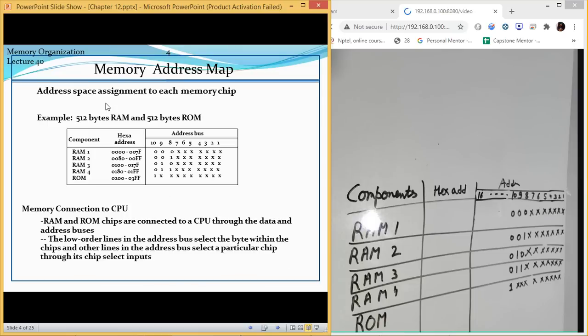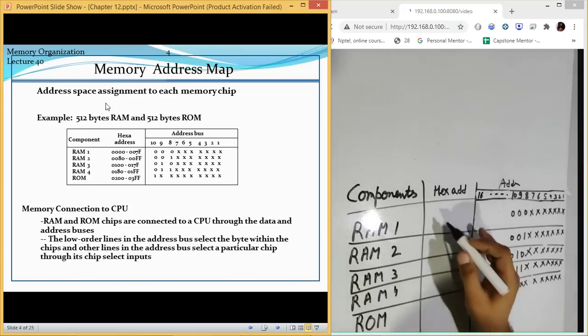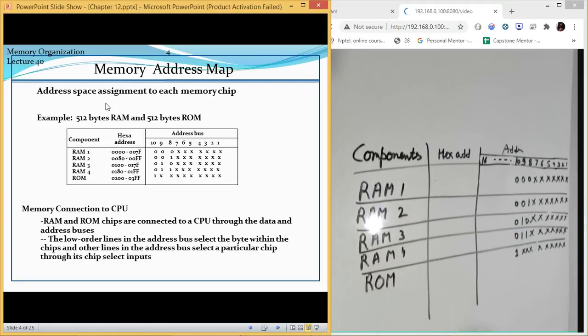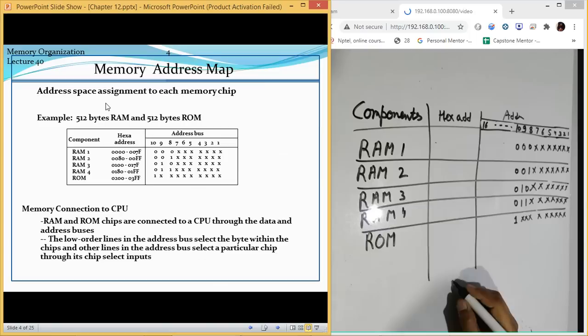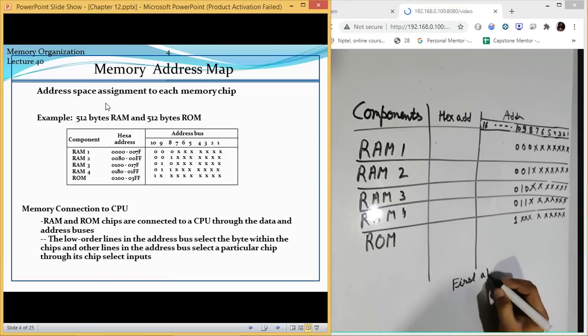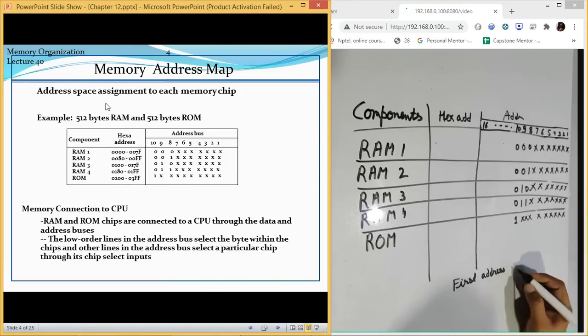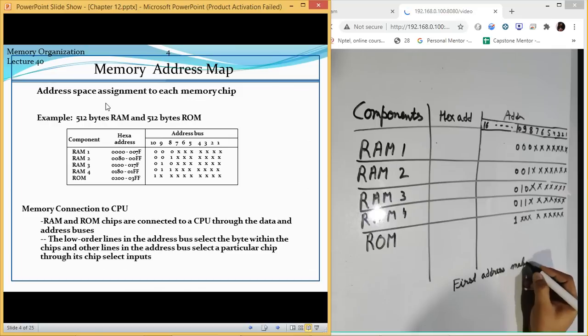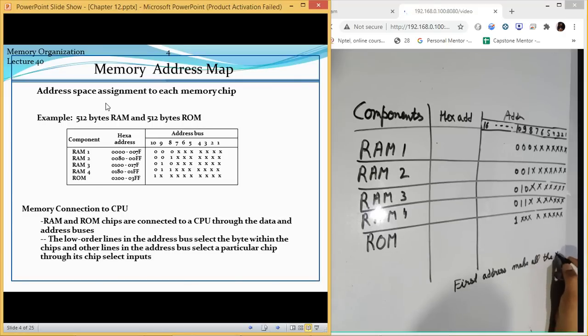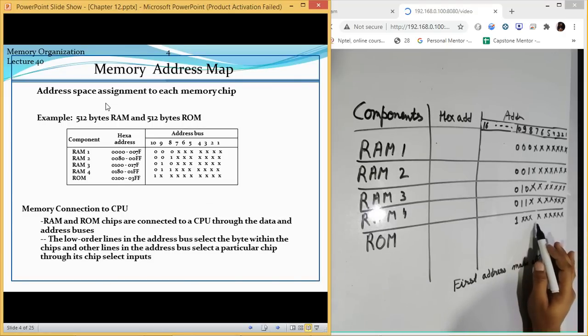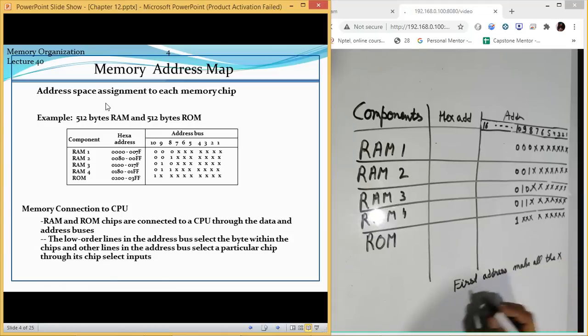Now, how this division is done, let us find out the first address. Please remember, whenever you want to find the first address, what you need to do is make all the crosses, the don't care conditions, equal to 0, and then calculate the address.